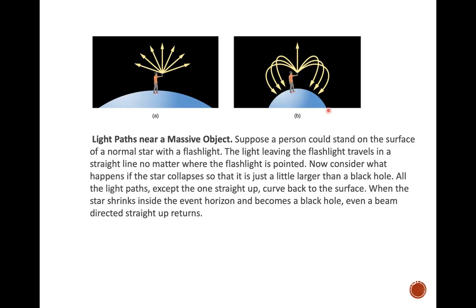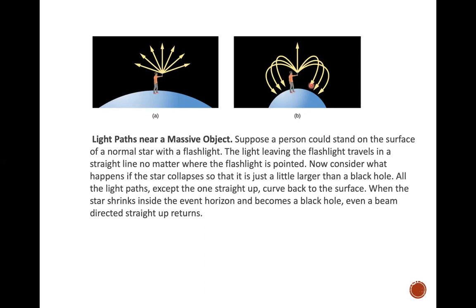Now what will happen is that all the light paths except the one straight up curve back to the surface. Since this is a highly dense object, all the space around it is curved, and the curvature is so high that except this one light beam that's straight right here, all the other light beams will curve back towards the surface, right? That's what happens as a result of the general theory of relativity, right?